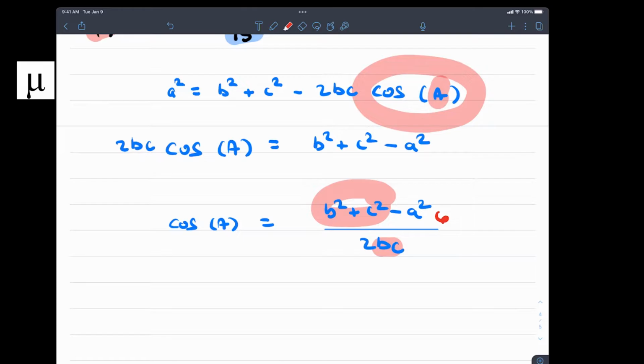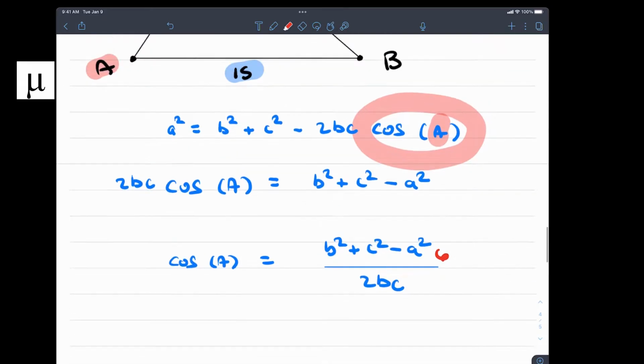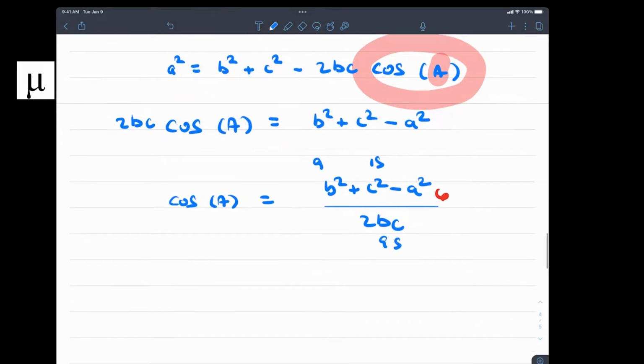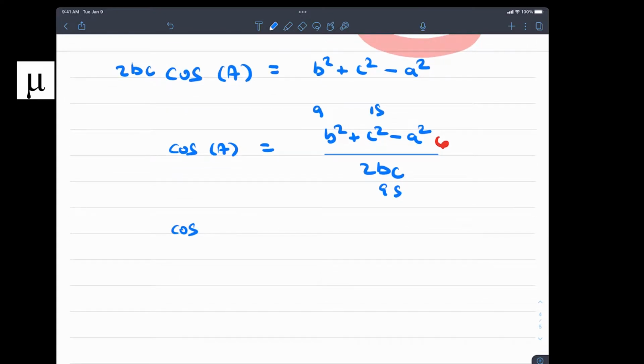So just kind of as a memorization device, here's what I have. Now, B and C got 9 and 15. Like I said, I'm not even going to look at them. This could be 9. This could be 15. This is 9 and 15. So what you have here is this. Cosine A becomes what? 9 squared plus what? 15 squared minus 6 squared, everything over 2 times 9 times 15.